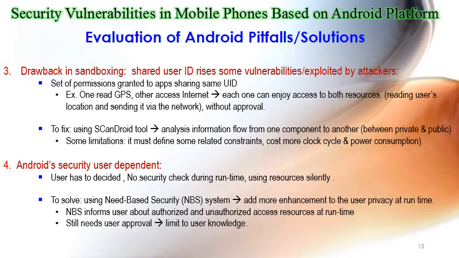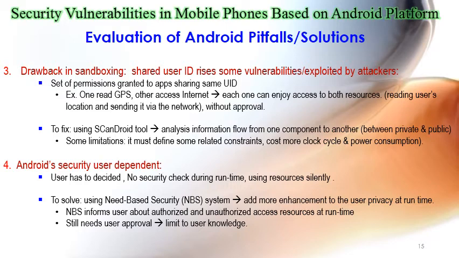As we saw, security in Android is likely user dependent, with no security check during runtime. This issue was solved by a system called NBS. This system monitors accessed resources at runtime, and then the user has to give approval according to that action.